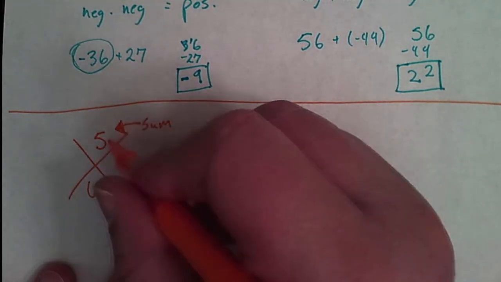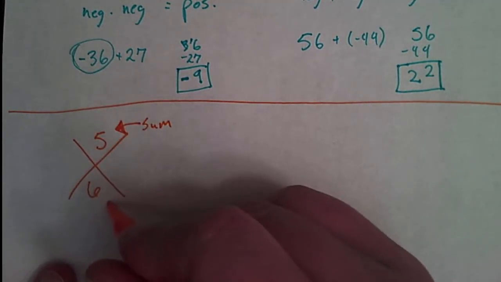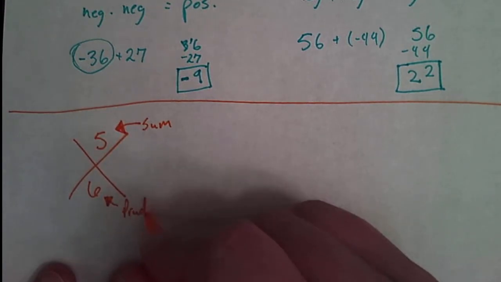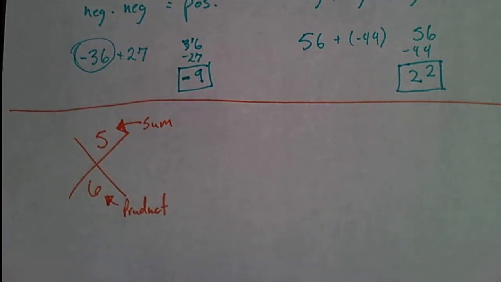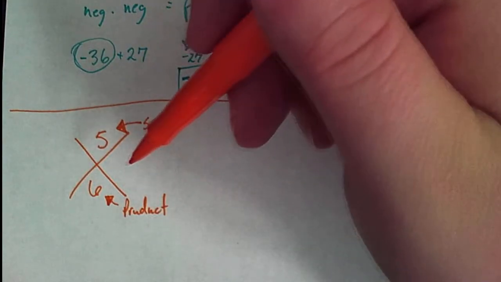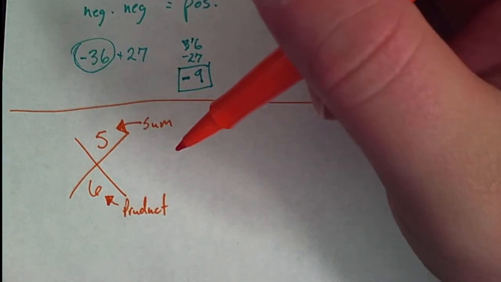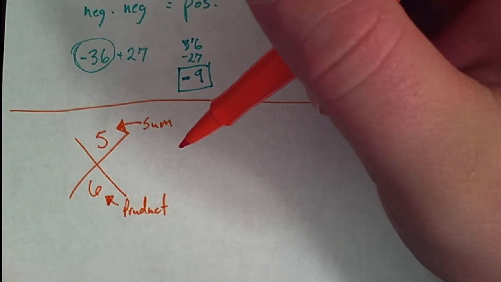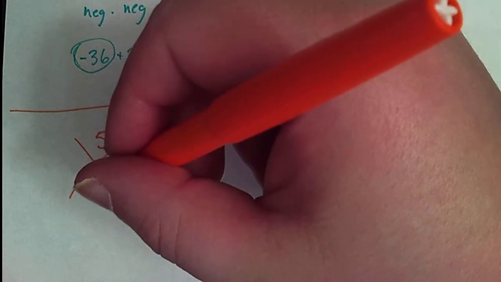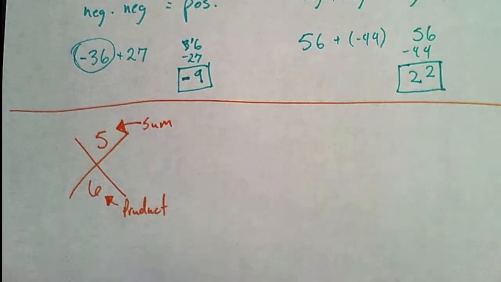So our sum is up here, and our product is right here. So if we have a sum of 5 and a product of 6, we need to decide what are two numbers that sum to 5 and have a product of 6.